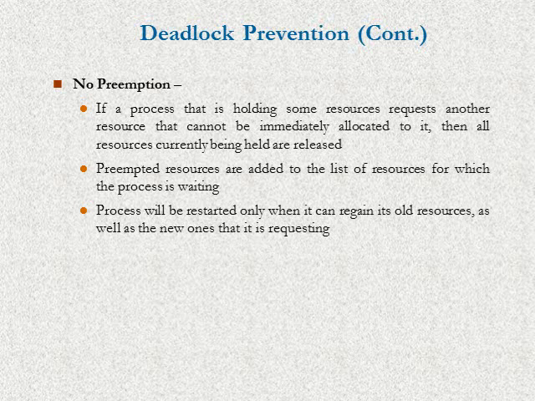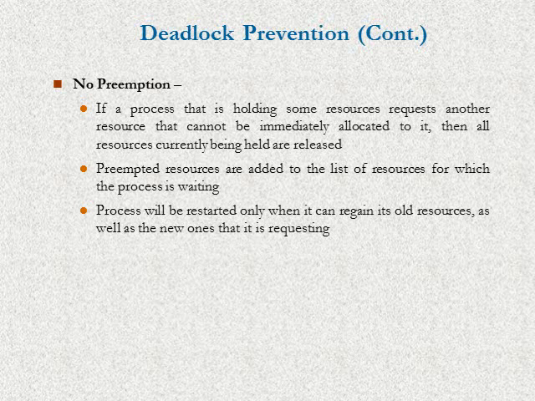So if a process has multiple resources and it requests another one, and you see that this resource cannot be allocated to this process immediately, then we take back all the resources that are already being held by this process. And all the resources that we just took from this process, we add them to the list of the resources that are required by this process to complete its execution.